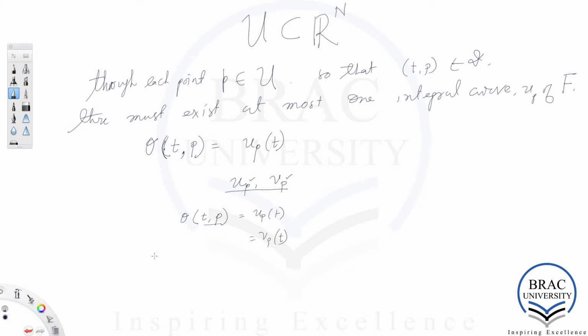So for the same value of (t, p), you would have two different values of u.